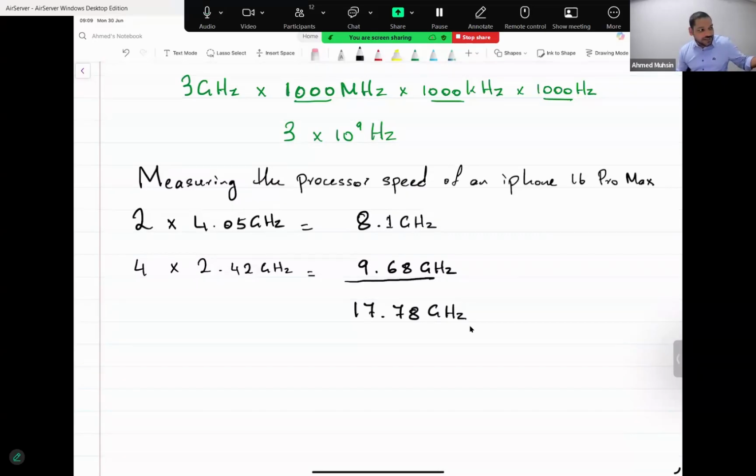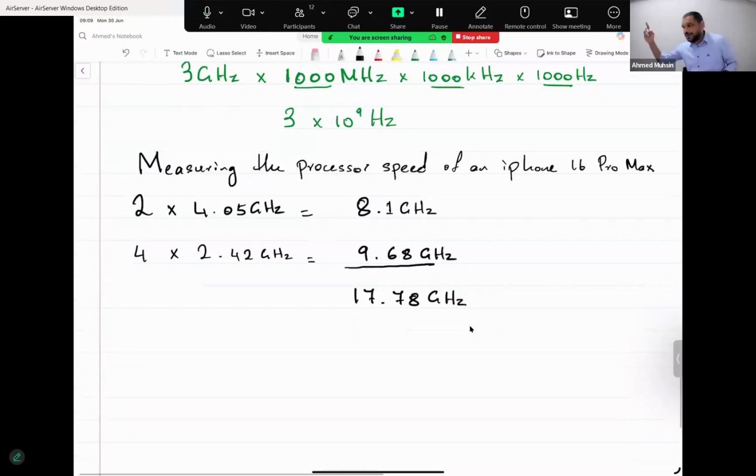Very nice. What did you say? 17 billion, isn't it? Now, you guys understood it, right? But anyway, we'll do the working below. 17.78 gigahertz. We multiply by what? No, tell me step by step. Don't give me the direct answer. 1000 megahertz.